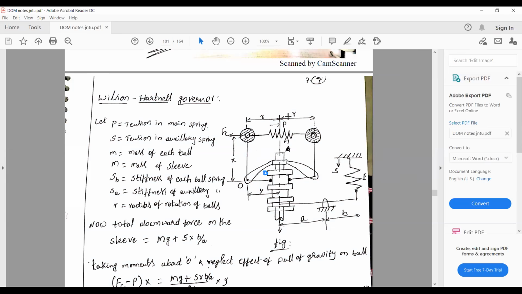The auxiliary spring is there, and our mainspring is there, and they also maintain the tensions.